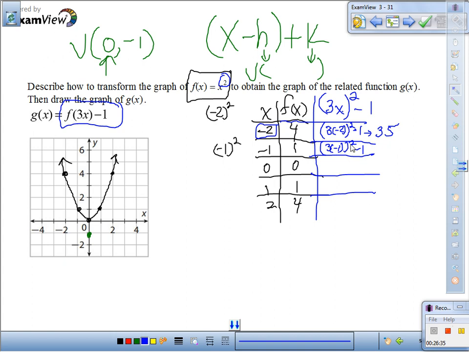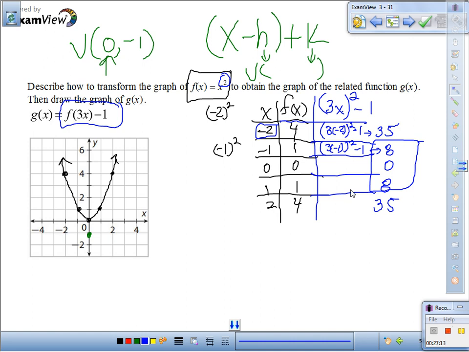Negative 3 squared, that's positive 9 minus 1, that is 8. And of course, this one is what? 0. This one is what? 8. And this one is what? 35. So which are the ones that we are able to graph?